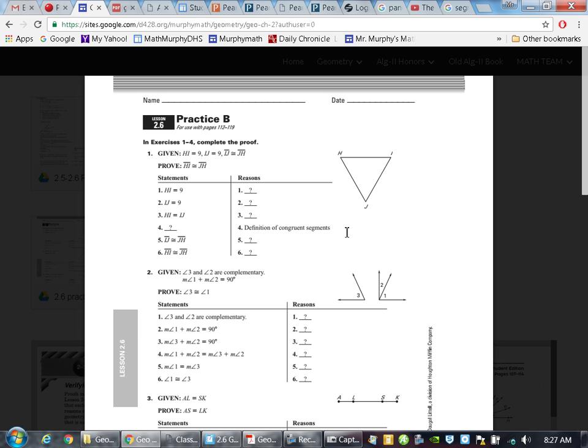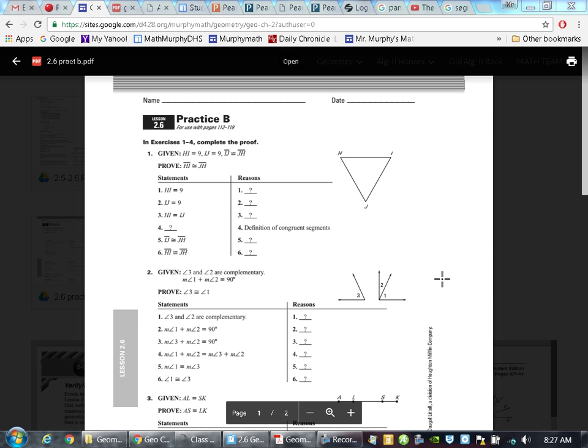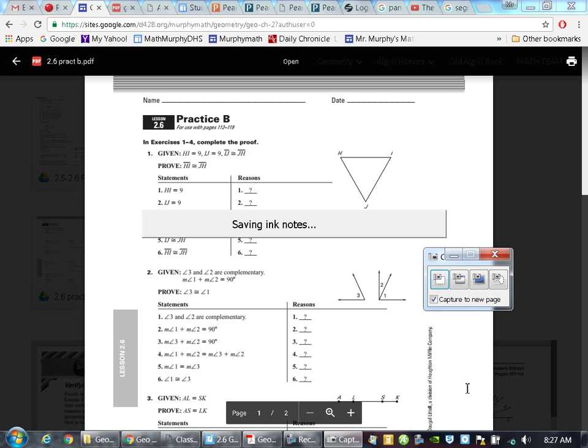I'd like you to rewrite this out on a separate sheet of paper, and then you have to figure out the reasons that they wrote these things down for those two questions. That's just kind of starting our way through it, okay? 2.6B, questions number 1 and 2. I want you to do those two on a separate sheet of paper, because obviously I didn't print them out for you.